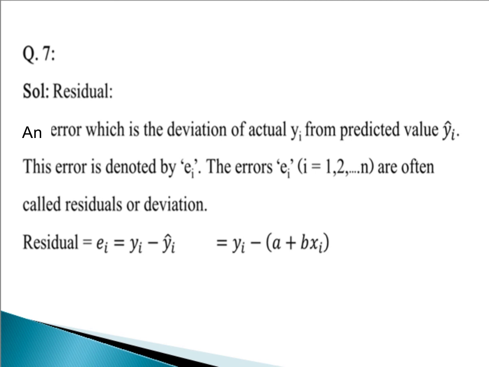Residuals is equals to ei, and that is equals to yi minus yi hat. We all know yi hat is equals to a plus bxi, so we put here the value a plus bxi. Now by the method of curve fitting or some other method, we find out the value of a and b. After putting here, we get our error factor or the residuals.